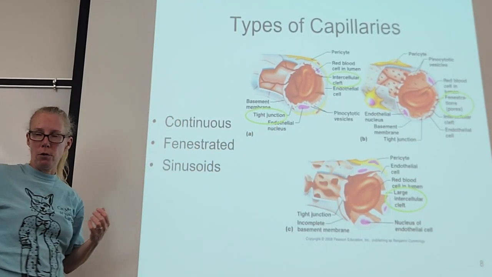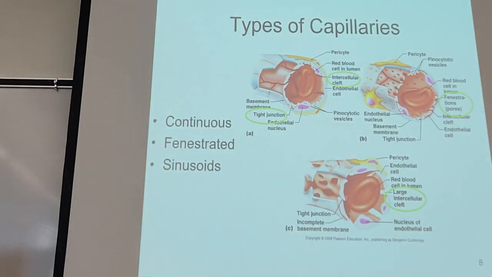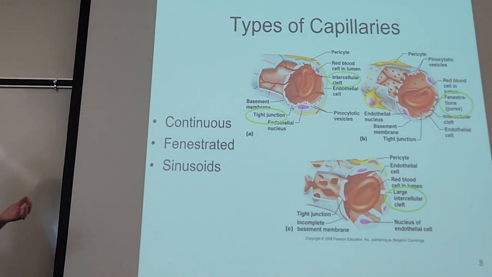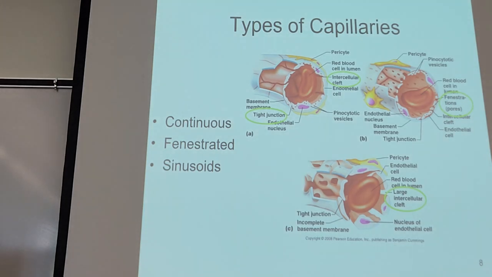We've talked about tight junctions. So they're a little bit more finicky with what they allow to leak through, okay? So of the three, continuous capillaries are the least leaky. Okay, so they're the least leaky.